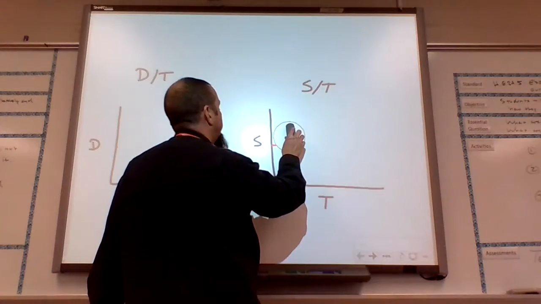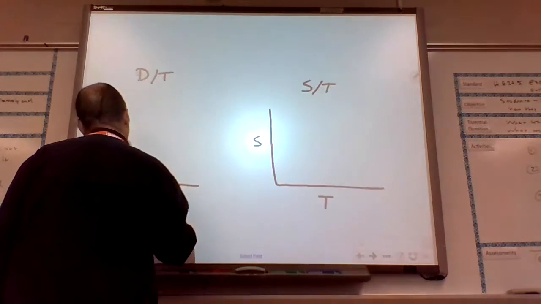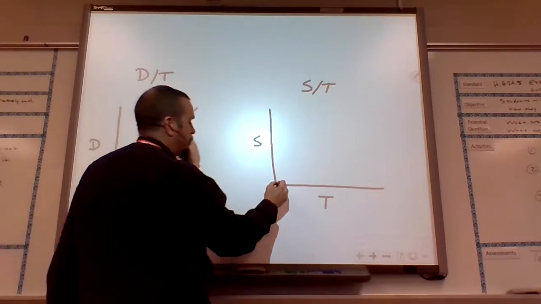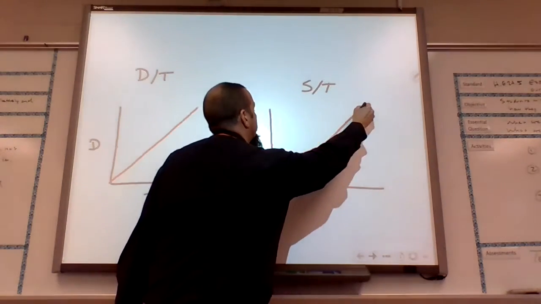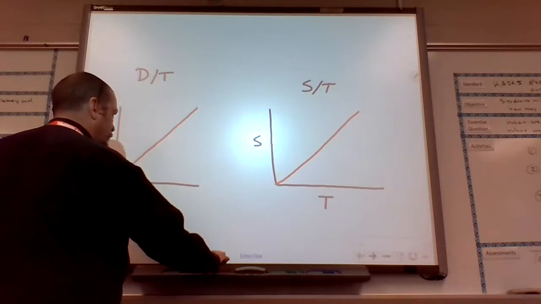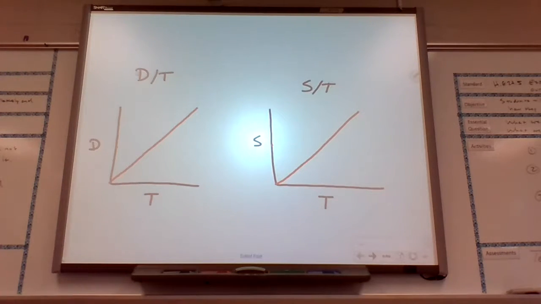Next shape that I want to be able to interpret is a straight line going up. Straight line going up, again, on both graphs will have a very different interpretation. We know something's increasing and something is increasing in a linear fashion.